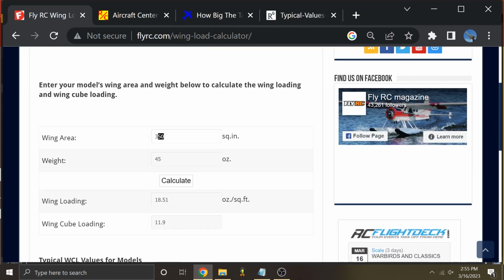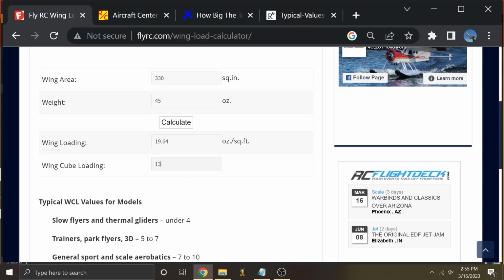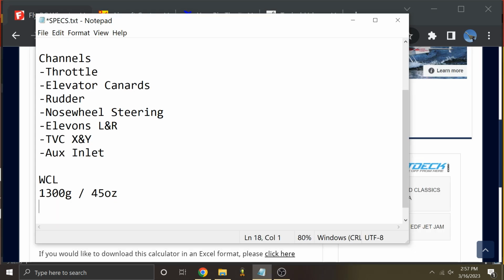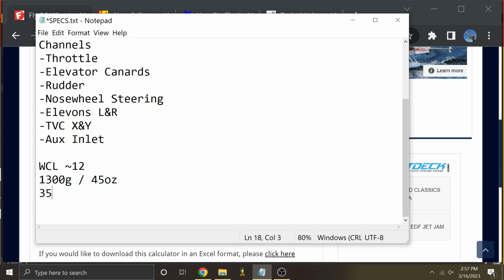So I think probably maybe 330 would get me to a wing cube loading of 13. But I think I'm going to go just a bit lower because we're going to be doing high alpha. I want to have a bit of extra margin. So we're aiming for a wing cube loading of around 12. And that means we have 350 inches squared of wing area.